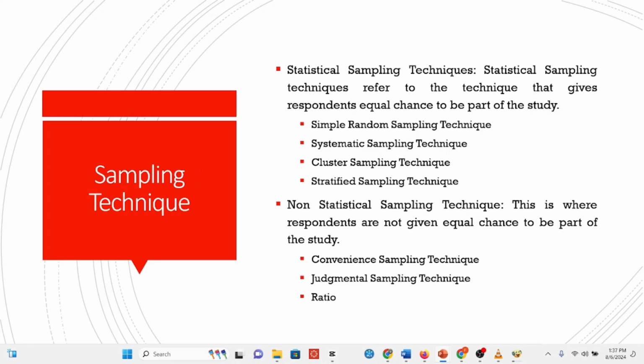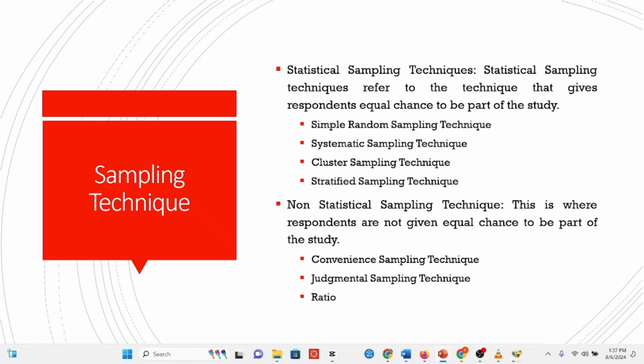The next section is sampling techniques or procedures. Sampling techniques or procedures refers to the approach researchers follow in order to choose a sample from a population. For the purpose of this course, there are two main types of sampling techniques. These include statistical sampling techniques and non-statistical sampling techniques.